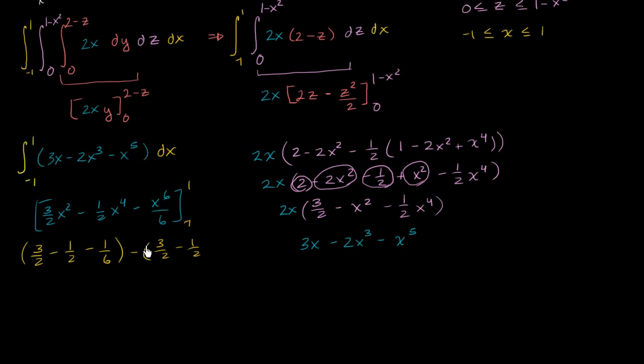Are they all going to cancel out? Yep, I think that's right. That cancels with that. That cancels with that, because we're subtracting the negative 1/2, and that cancels with that. And so we are actually left with 0.